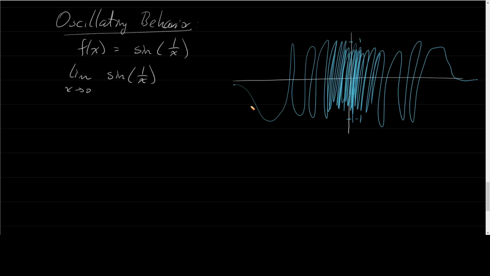Now the problem is that at 0 it is technically undefined, because you can't plug it in. So at the y-axis, there's a hole somewhere. But you can't really figure out what that hole is because it's just oscillating faster and faster. So it's not at any specific height.